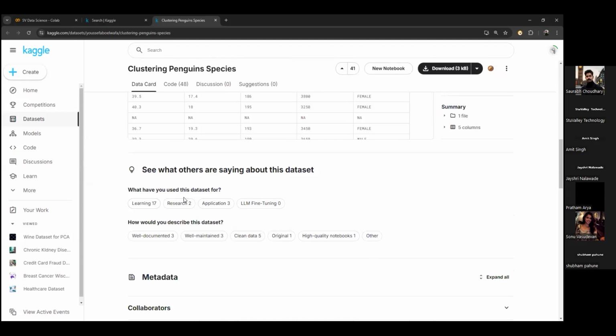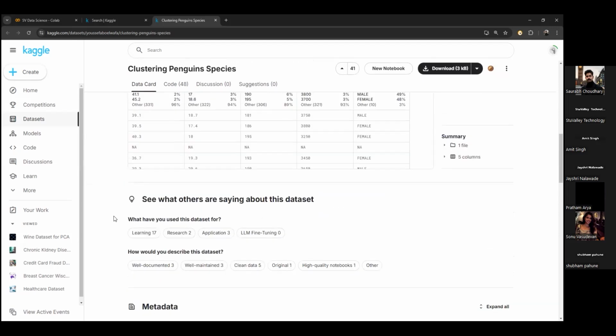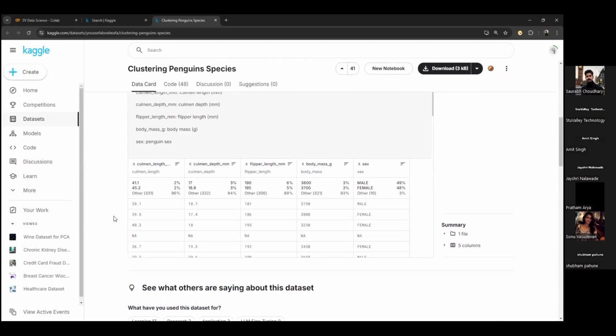See, what do we use this data for? So what is the target variable here? Yeah, okay. So we have to determine the sex over here.